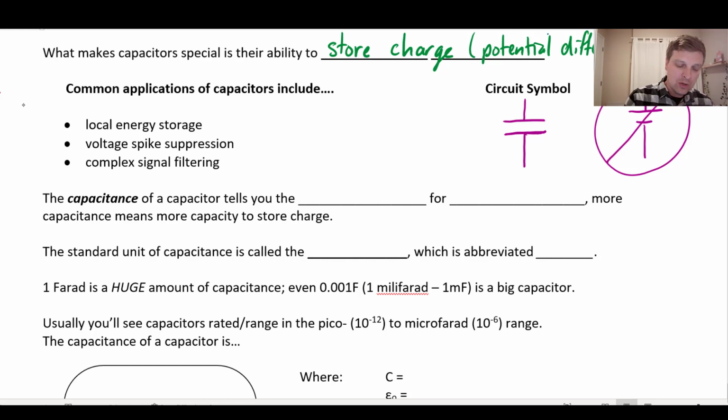It really tells you the amount of charge for each volt applied, because as you can imagine, that capacitor we saw in the simulation, we charged it up until it got to an equivalent voltage of the battery. Well, if I cranked up the battery to 6 or 9 or 20 volts, I would be packing more and more charge onto my capacitor.